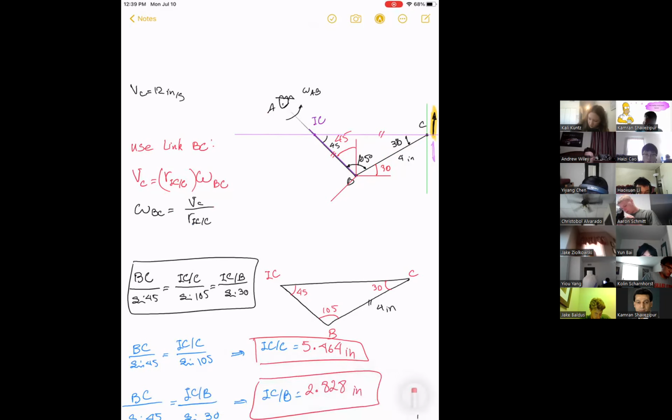And if you calculate this, you're going to get 12 over 5.464. And that is going to be 2.196 radian per second. This is omega BC.